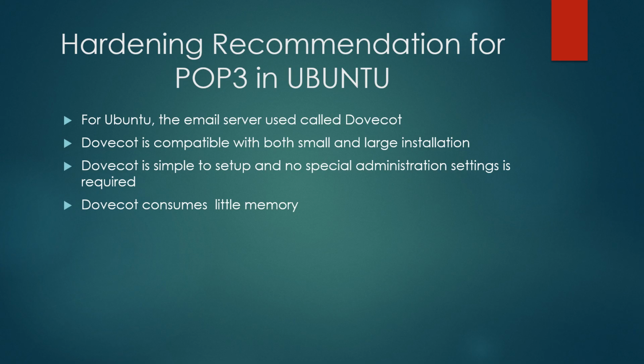But to tell you the truth, when configuring Dovecot and giving access to POP3, SMTPS, and IMAP, it takes a while. So you also have to make sure that you are paying attention, so when you need to go back to make changes, you will know which code to use. Another thing I like about Dovecot is that it consumes little memory.